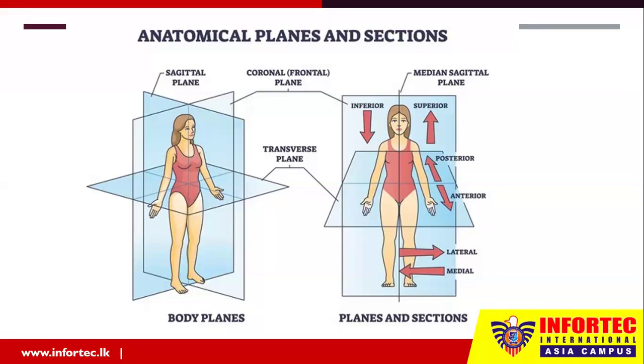These anatomical planes are imaginary lines that we use to divide the human body into different sections, right? They help us describe different locations, movements, and views of our internal structures during clinical exams, in surgery, or for imaging such as MRI or CT scans, right?